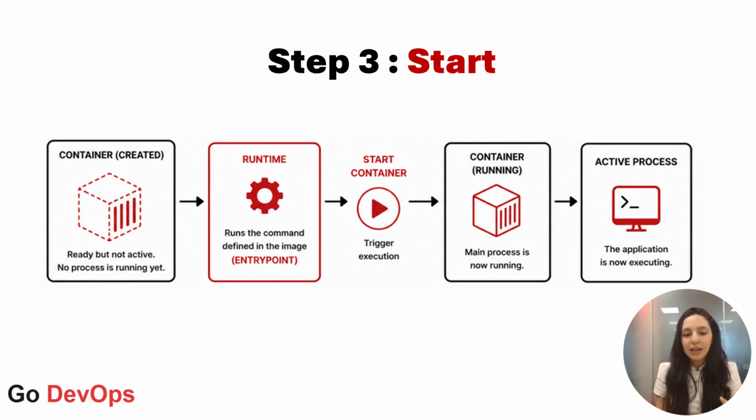So namespaces are already in place, the file system is ready, and resources have been allocated. So the role of this step is simply to trigger execution. And from here, the container transitions from a prepared state into an active process. So in simple terms, starting the container means launching the main application process and nothing more.